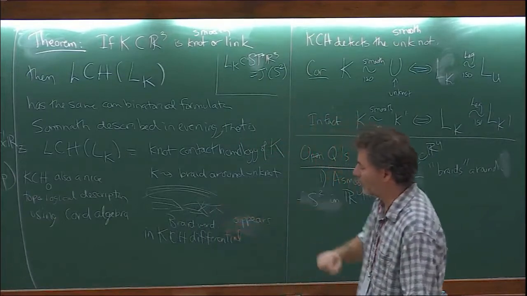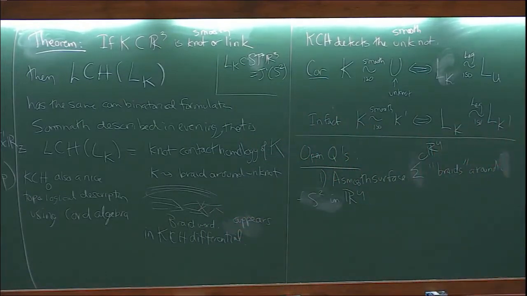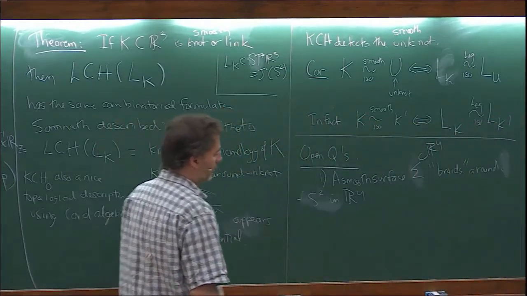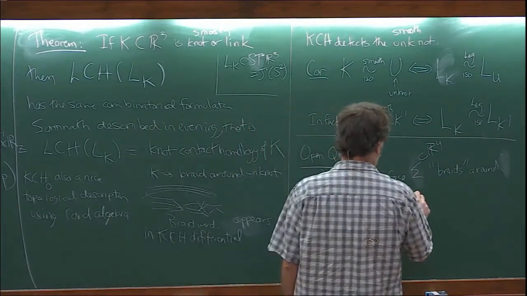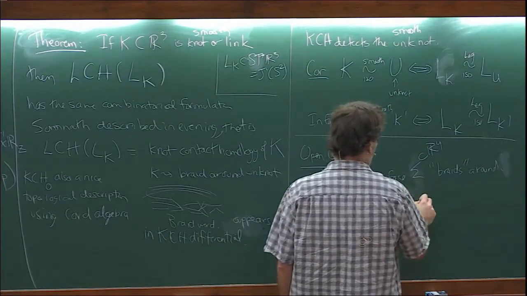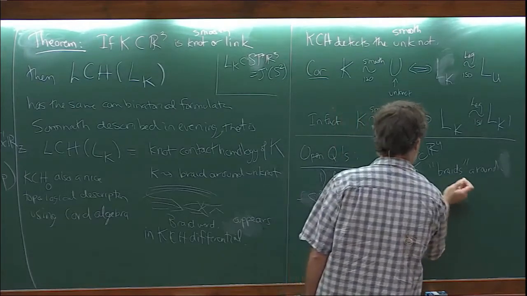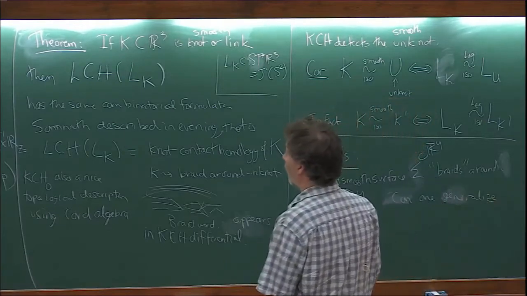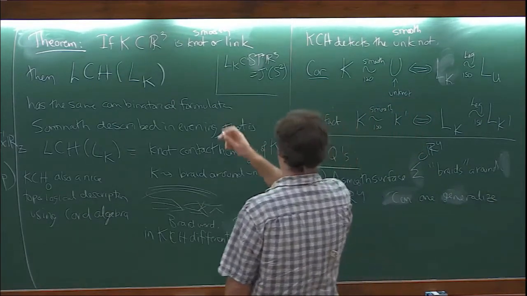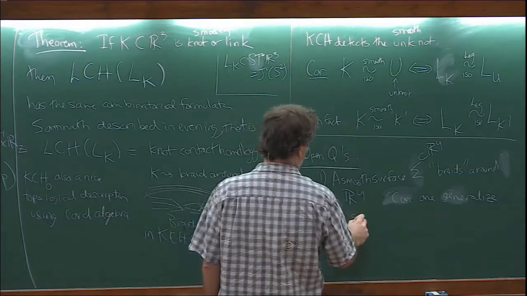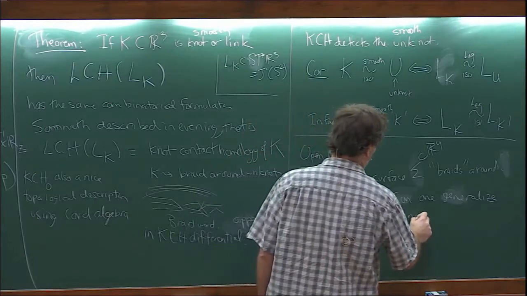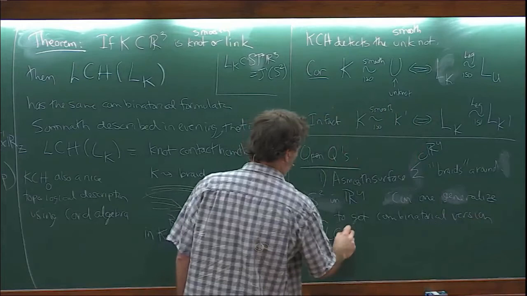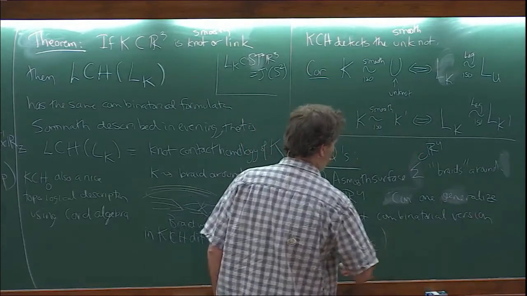Just like you can braid a smooth knot around the circle, you can braid a surface around S2. And so you can try to generalize this theorem to get a combinatorial version of the LCH of this lift.